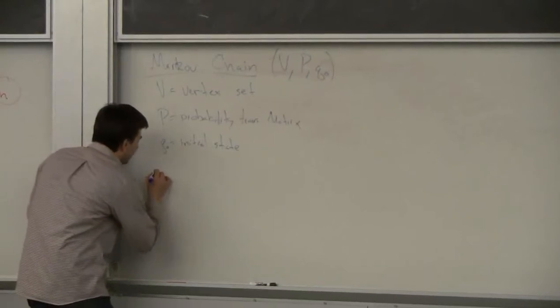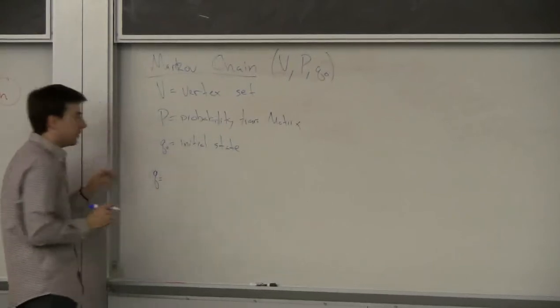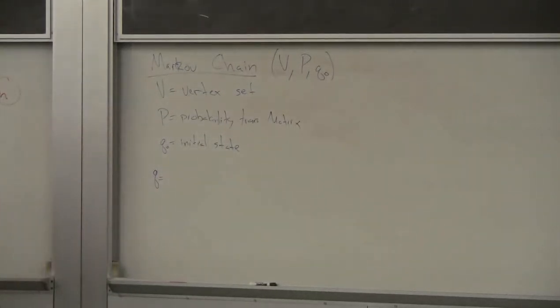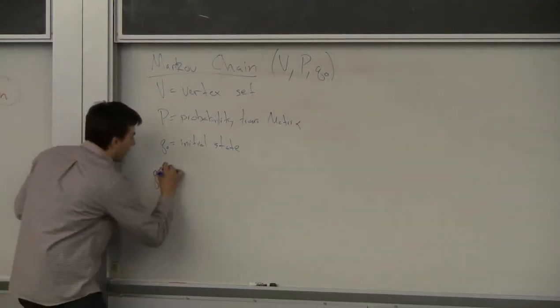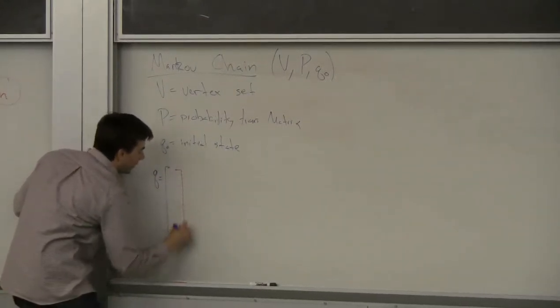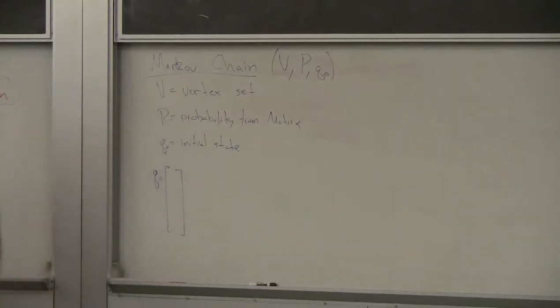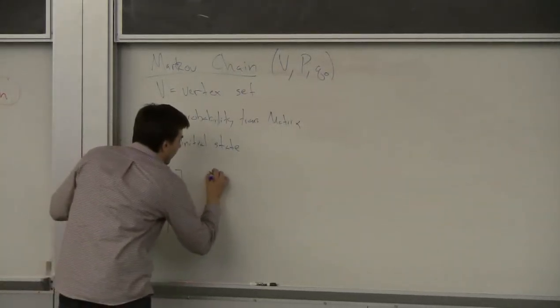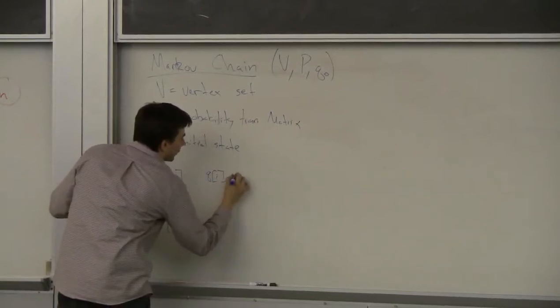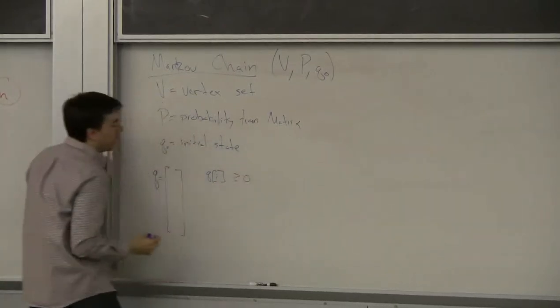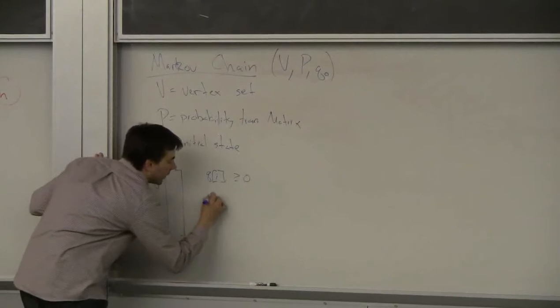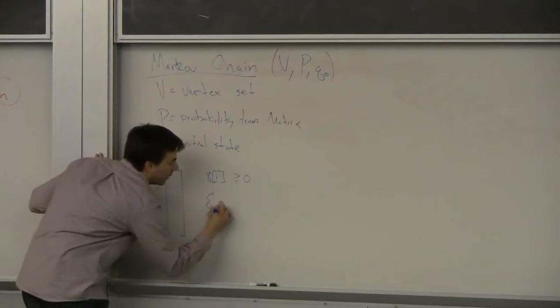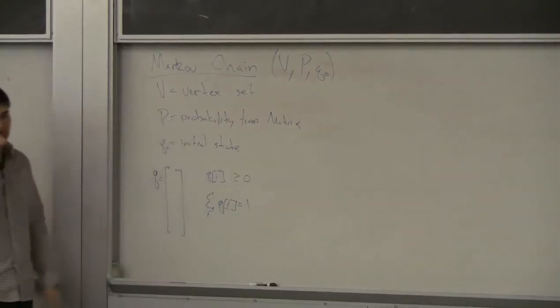So if I have a state Q, I'm going to think of this as a vector. And so if I have a vector, it's going to have the property that each q of i, so each entry, is going to be greater or equal to 0, and that the sum over i of all these entries is going to be exactly equal to 1.